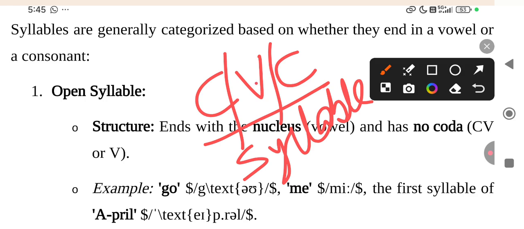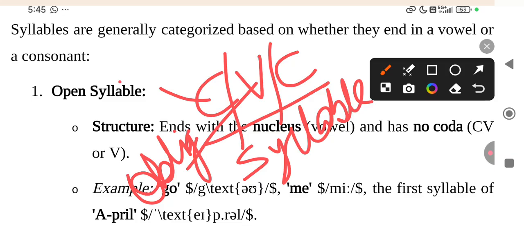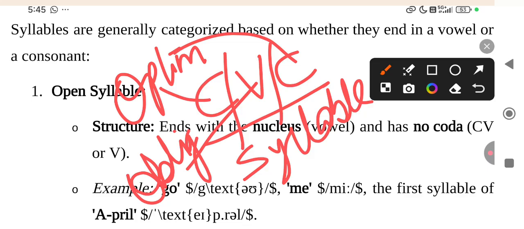The vowel is the obligatory part, and both consonants are optional. The vowel is the compulsory part of the syllable.